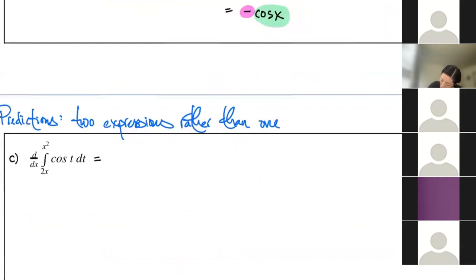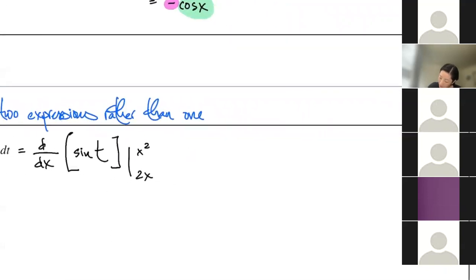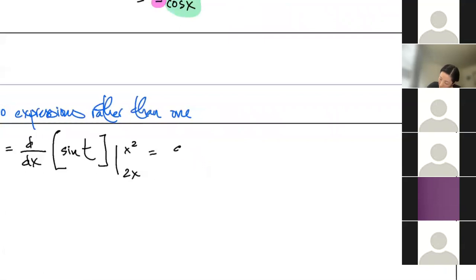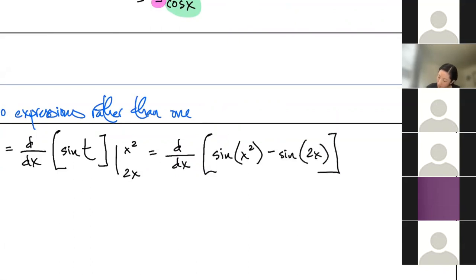So we're going to start by keeping the derivative out front. Let's take our antiderivative, sine t. We're going to plug in x squared and 2x this time. All right, we're going to have sine of x squared minus sine of 2x. And now we want to take the derivative.